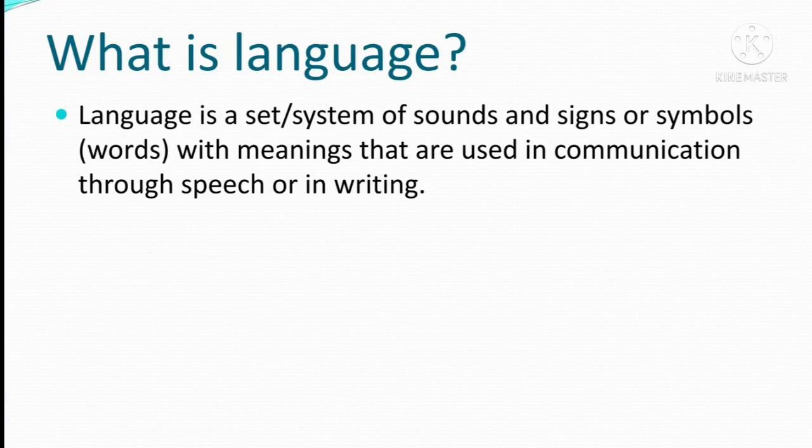Maybe a crow caws, C-A-W, caw. That's the sound of a crow. So there is some relation. Cawing, a crow caws. But how about the word key? There is no relation. You cannot relate the word key with the object. So that's why I say that language is a set or system of sounds, and the written part of it, written words, are called signs or symbols because they are arbitrary or abstract in nature and not related with the object directly.